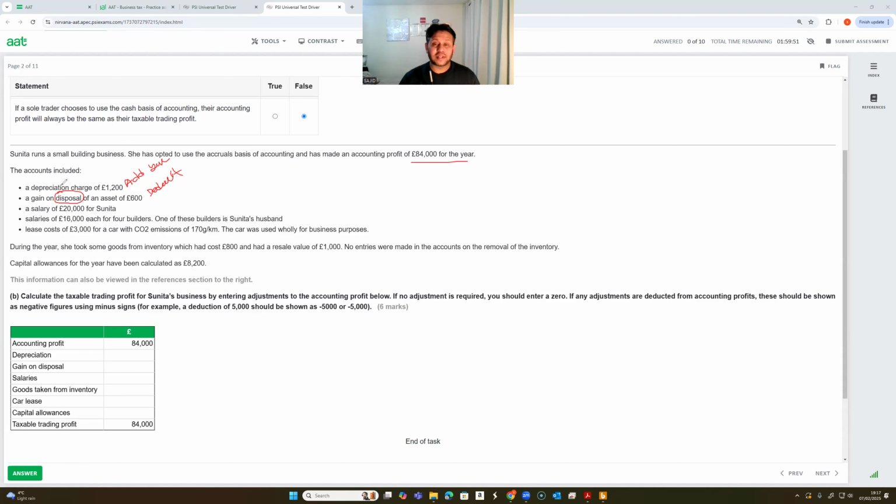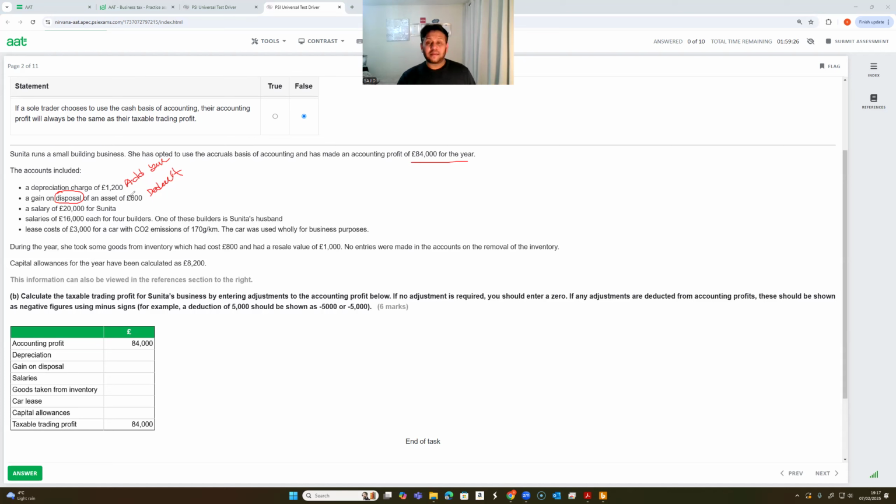If I'm a Dell company, or a Lenovo, or any computer brand, then when I sell the computer, I call it sell. But I'm selling a pen. So for me, when I sell the computer, it is a disposal, it is a fixed asset for me. That is, I buy it with the intention to use it in the business, but not to sell. So if this is the case, we call it disposal.